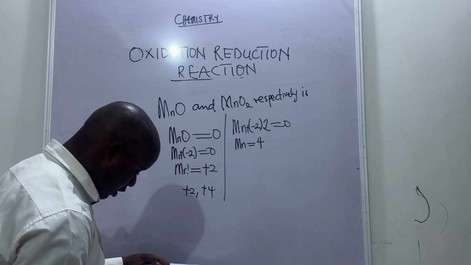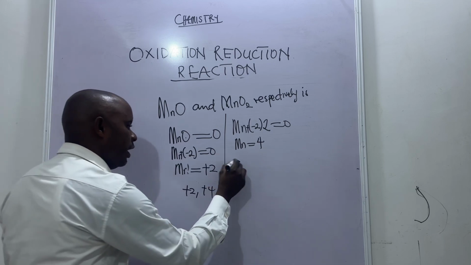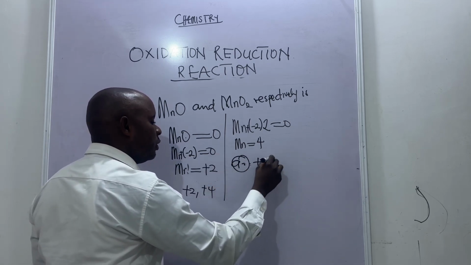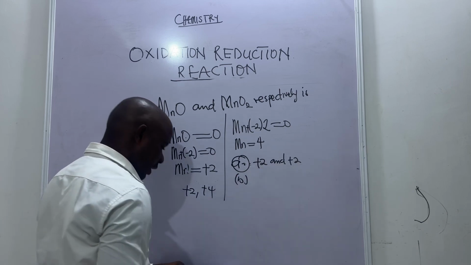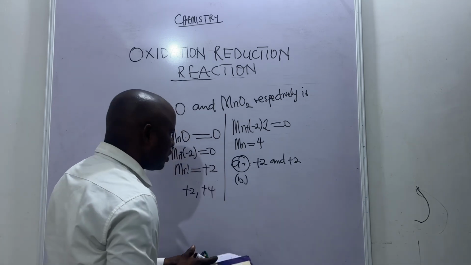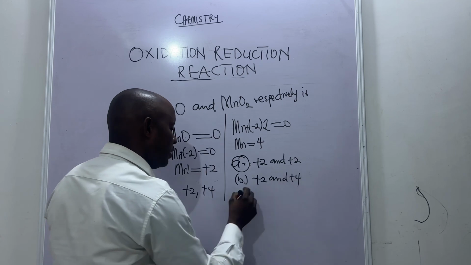So the options go this way. A, plus 2 and plus 2. B, plus 2 and plus 4.